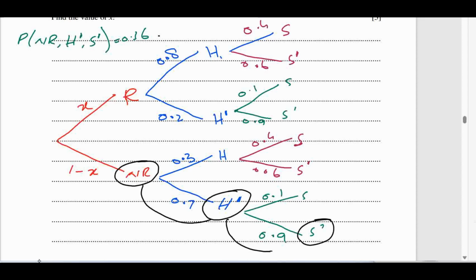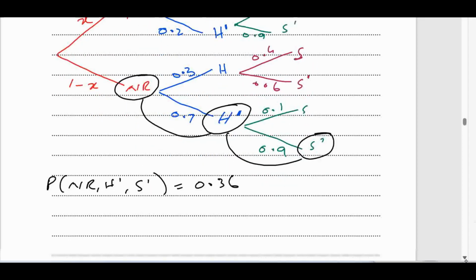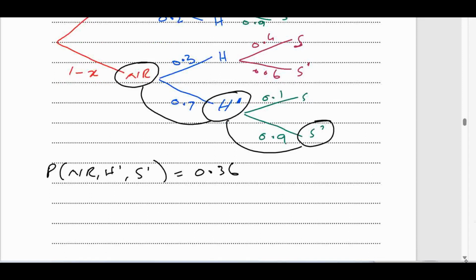So this means that if we multiply these three, the probability of not raining and probability of not wearing a hat and probability of not wearing a scarf is equal to 0.36. So this will be (1 minus x) into 0.7 into 0.9 is equal to 0.36.